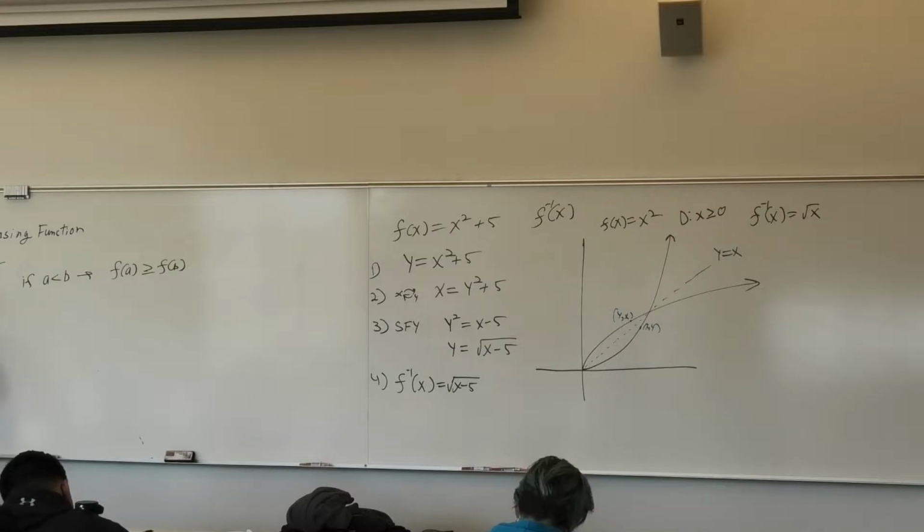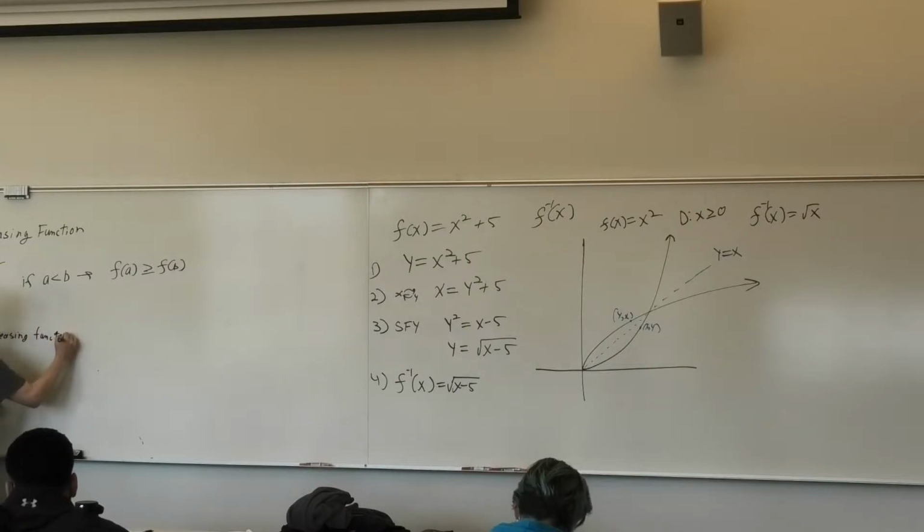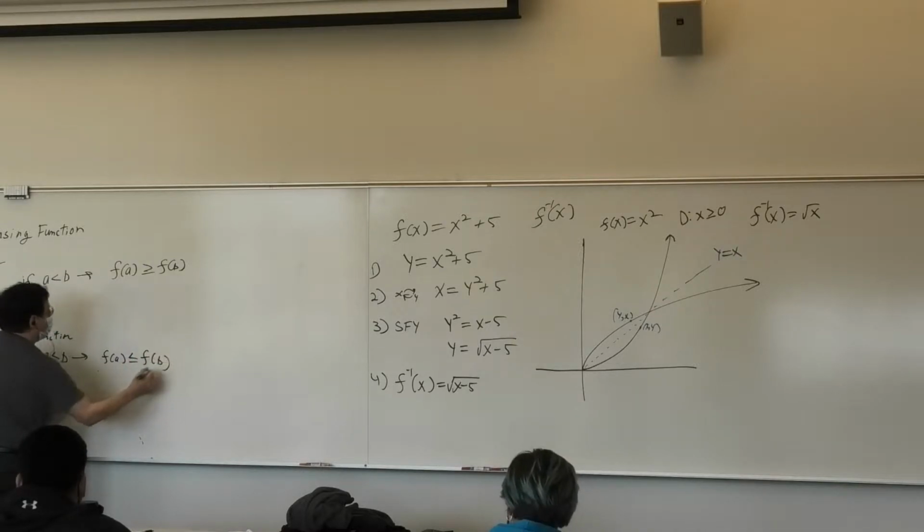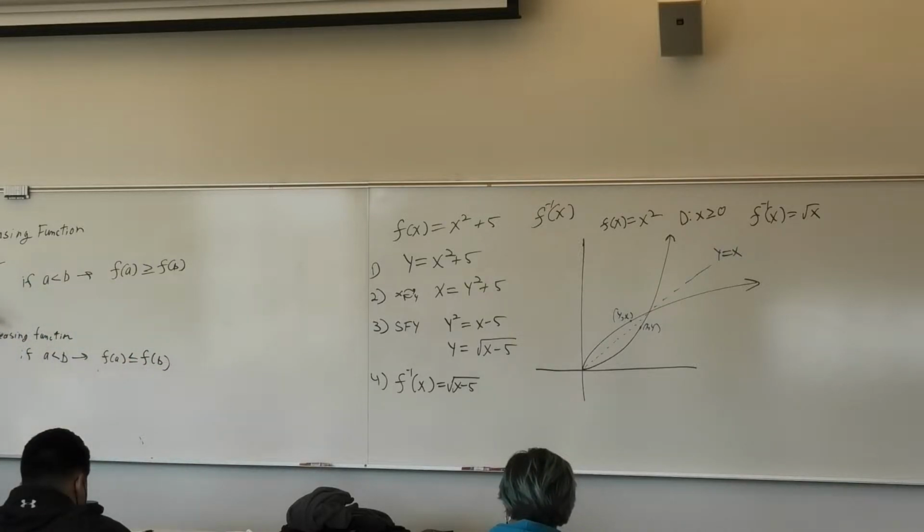Likewise, we have a decreasing function. If A is less than B, then f of A is greater than or equal to f of B. All right, that would just be a function moving downhill.